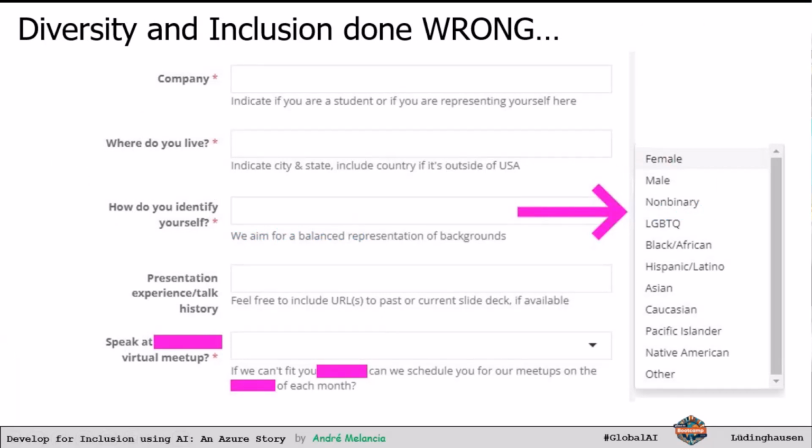This is a form that I saw, and remember one thing, that there's the technology and there's also the human side of things. And one of the human side of things is perception. So while a lot of people are saying, yes, we want to make sure that anyone with any kind of disability is welcome, there is no problem, we'll guarantee this, etc. For instance, one of the things that we always guarantee when we have events in Lisbon, we had Global AI in Lisbon 1 month ago, 1.5 months ago.